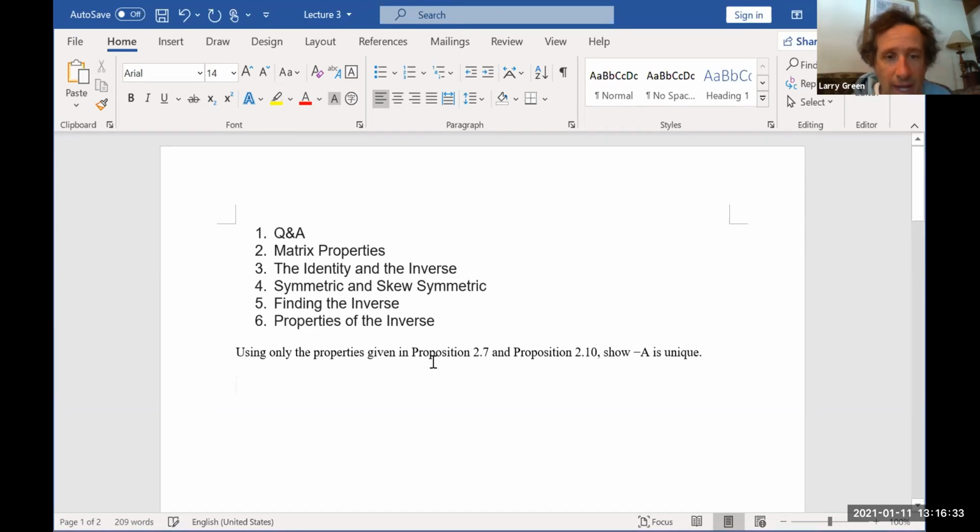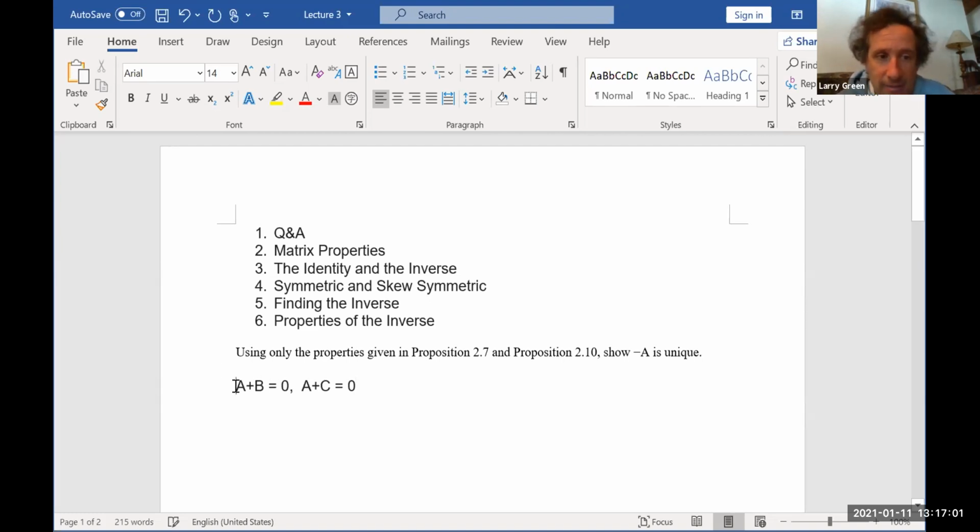Okay, so what we have is that A plus B equals 0, and A plus C equals 0. Okay, and the 0s are the matrices, not the number 0. What do we want to show?